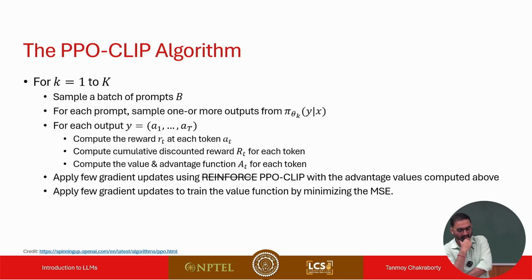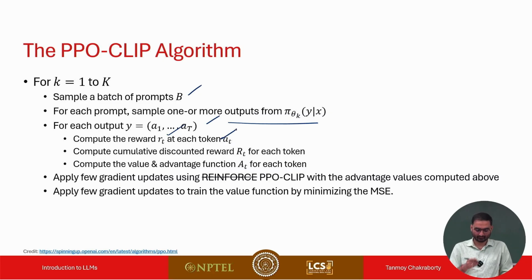So what is my current algorithm? This is PPO-CLIP. We have a batch of prompts, and for each prompt we have samples. For every sample we calculate the reward.